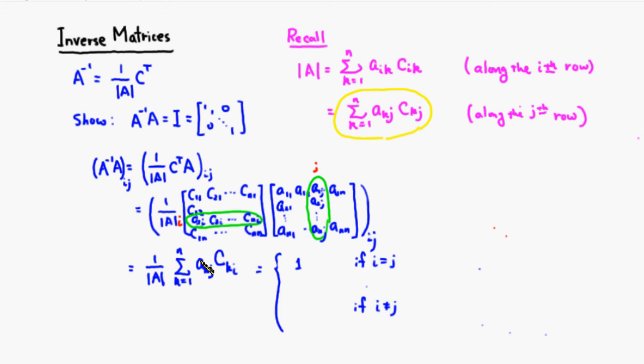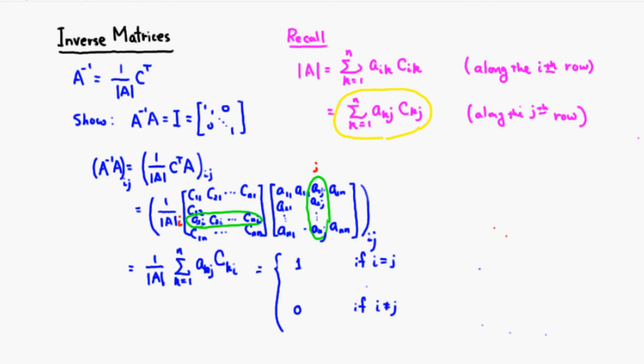So it's equivalent to having repeated rows or repeated columns. If you take the determinant of that, it's going to be 0. So it actually gives you 0. So if the row number and column number are the same, you get 1, and if they're different, it's 0.